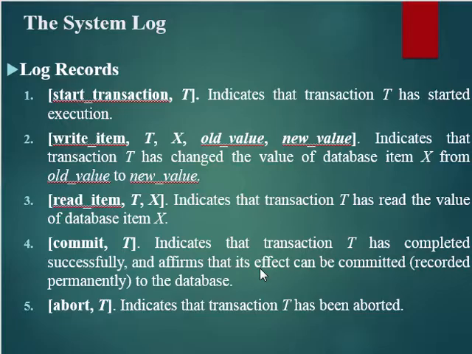That means the transaction completely executed and all the updated values are moved into the persistent storage devices, or our secondary disk. And if some failure happened, an abort statement is written into the system log, and it indicates the transaction T has been aborted in its execution phase.